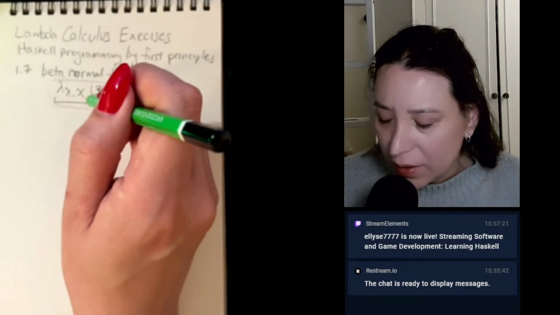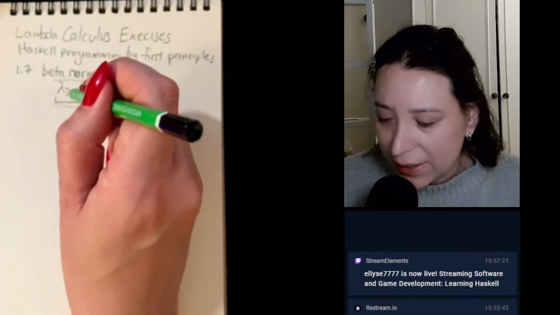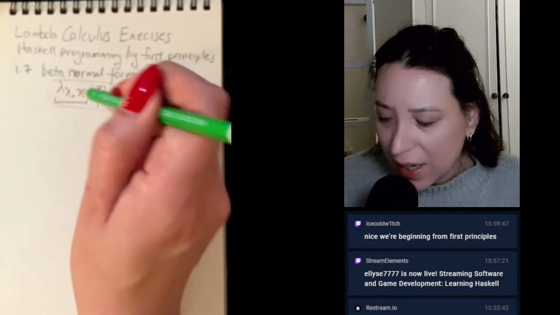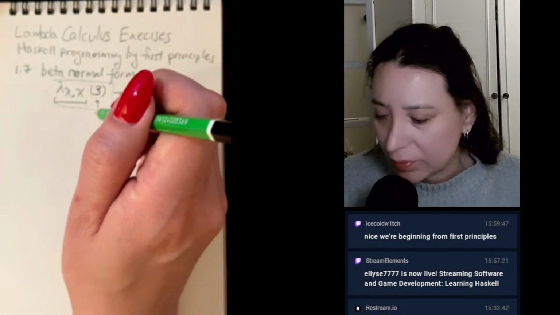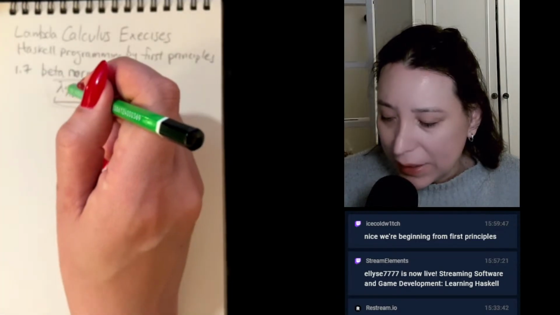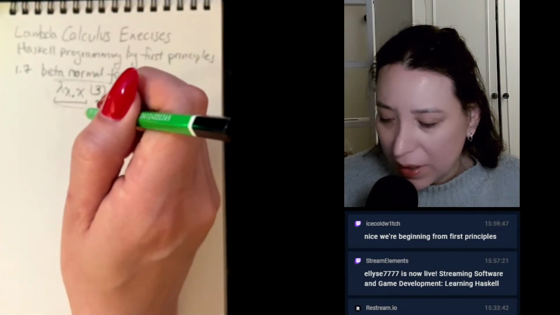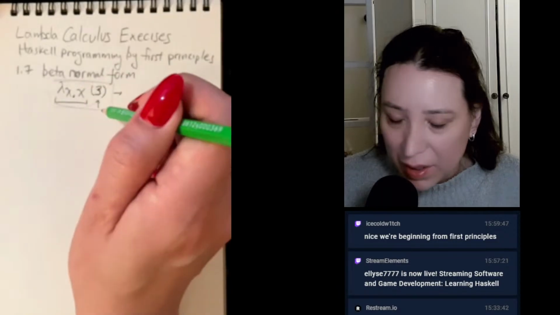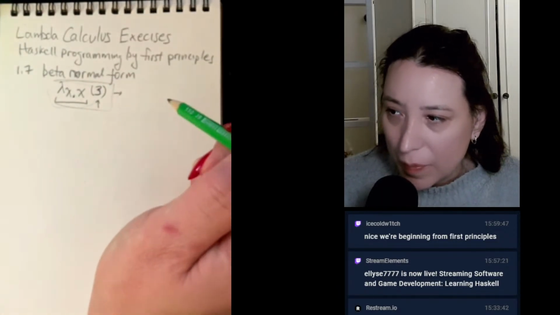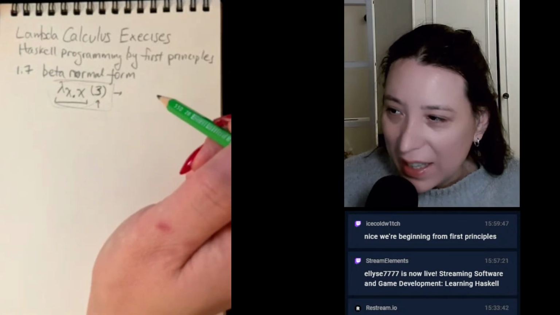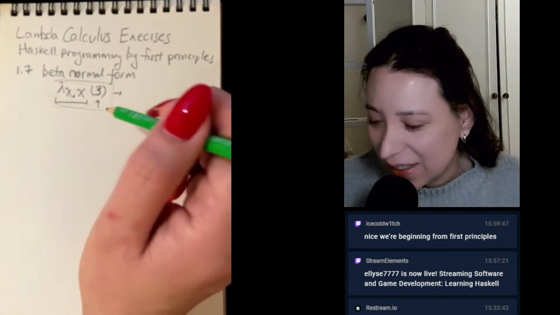When we look at this function here, the function has a head, which is on the left side of the dot, and the body's on the right side of the dot. The head is basically the argument coming into the function, and the body is the result, what happens afterwards. Hey there, Ice.